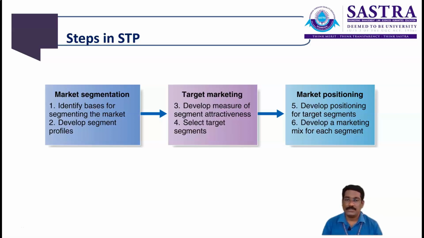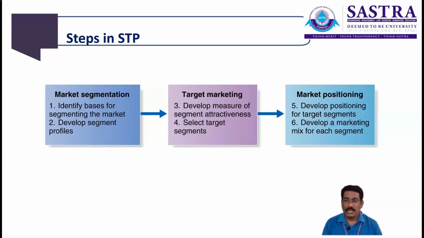And if it is a service product, as I was telling you, there are people, physical evidence, and process, which we call the extended marketing mix. So as per the segment requirement, after proper analysis and formulation of strategy, we develop a marketing mix towards that specific segment. That is the last step in the STP process.